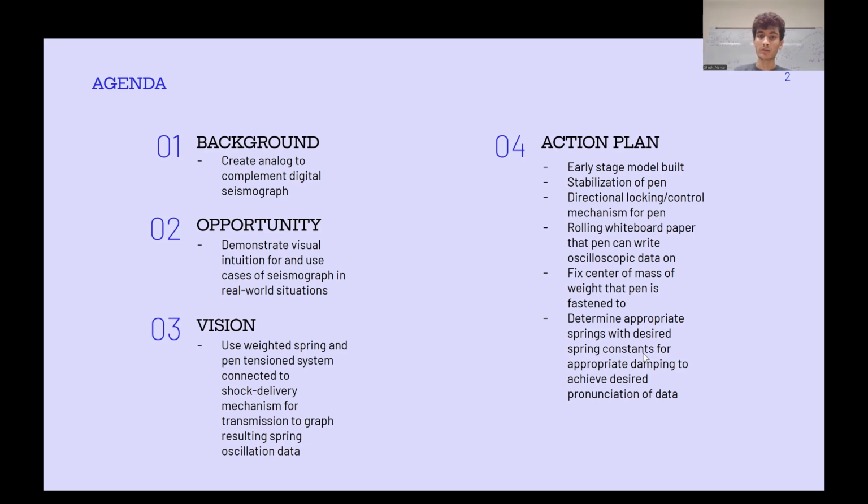And we need to do a little bit of tuning on the springs so that we can make sure that they are damped and oscillate so that major seismic events stand out, and more background noise is tuned out so that any major events can be more pronounced so we can more aptly interpret them.